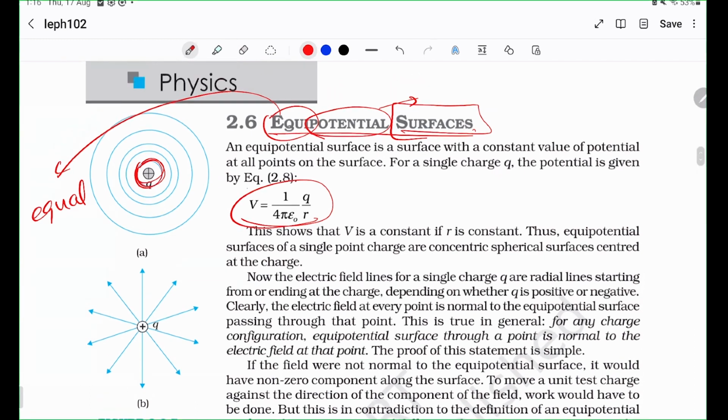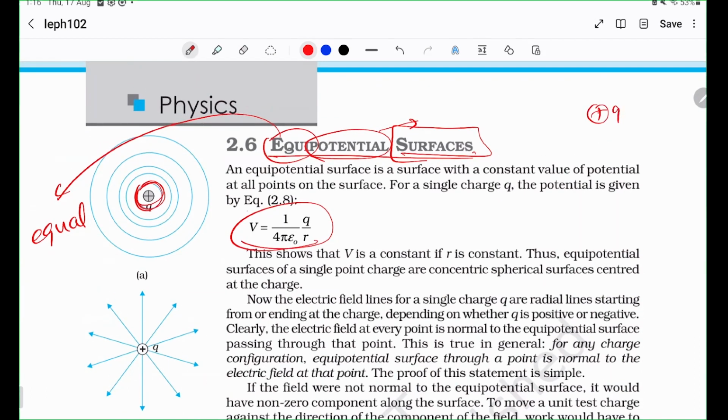That's it. So if you have a plus Q here, at a distance of 3 meters away, you know that the potential is Q by 4 pi epsilon naught into 3. And this value is the same everywhere, no matter where you take, right? All points on the circle or on the sphere, whatever in 3 dimensions, have the same value of the potential.